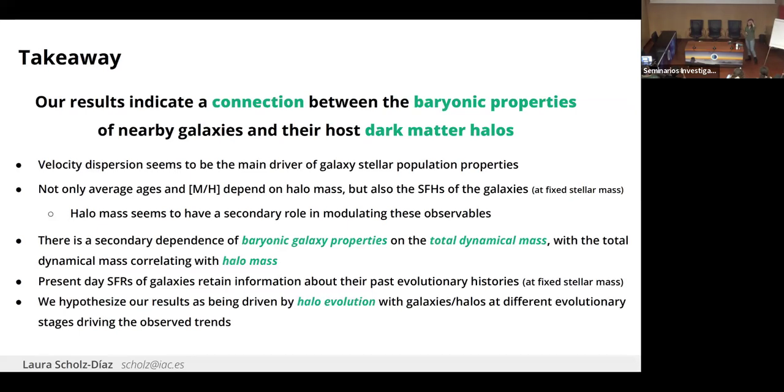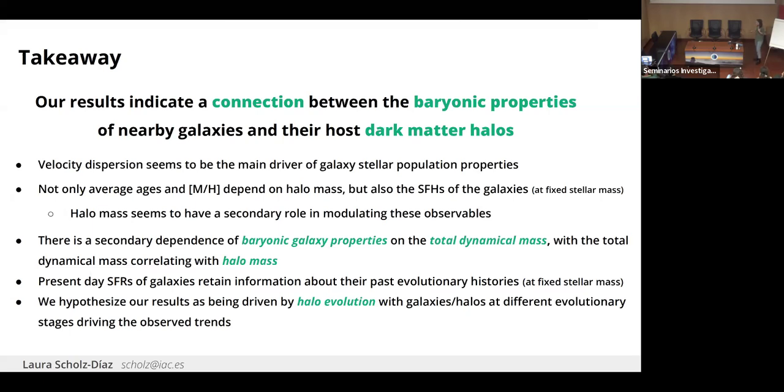We have found that our results indicate a connection between the baryonic properties of nearby galaxies and their host dark matter halos, in particular the mass of their host dark matter halos. We found that velocity dispersion seems to be the main driver of galaxy stellar population properties, but that they also have a secondary dependence on the halo masses of the galaxies.